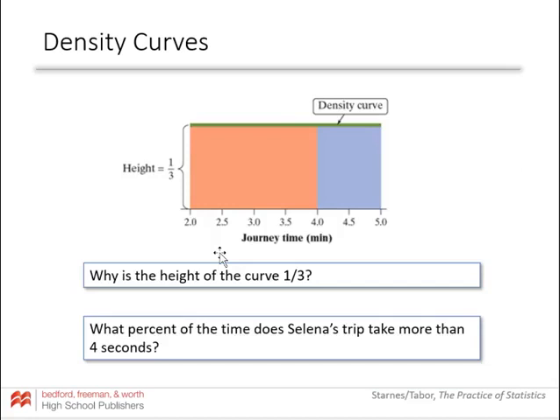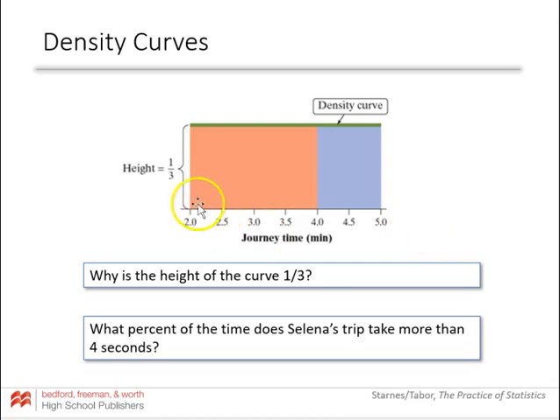Okay, so some things to know about this density curve. First thing is, why is this height here 1/3? And the answer is the probability is the area under the curve, just like it was with the normal curve. And so that has to equal 1, because the probability of all of the possibilities together has to equal 1. So if I look at the journey times she has, they are all between 2 and 5 minutes, so that's a 3-minute span.